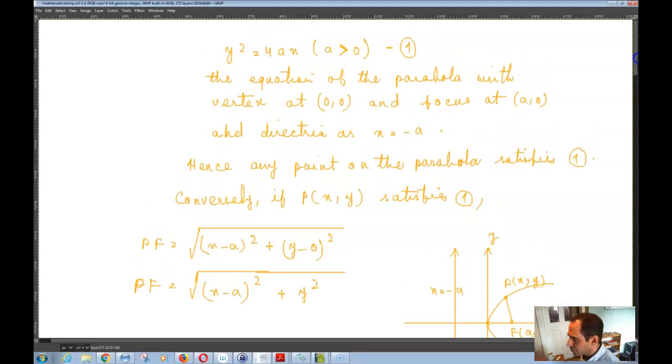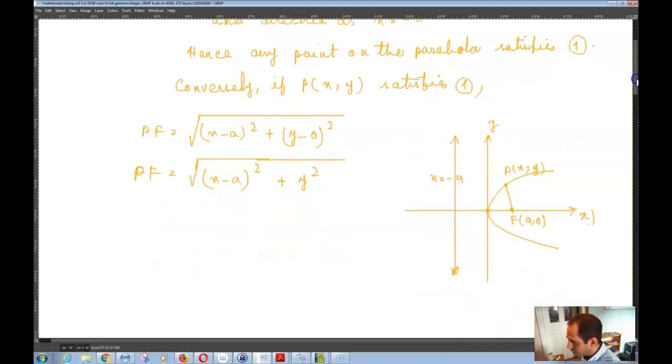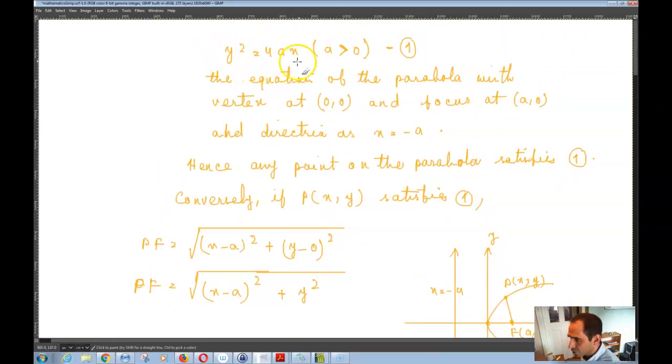What we found over here was that if you have some point with coordinates x and y having this relationship with this line and this relationship with this point F over here, then the equation of all such points in the xy plane was going to be y squared is equal to 4ax.